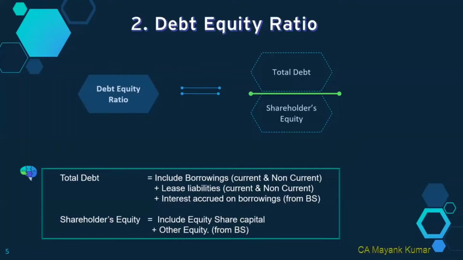And shareholders' equity basically means that which accrues to the shareholders of the company, that is equity share capital and other equity. Both the numbers can be taken from the balance sheet.